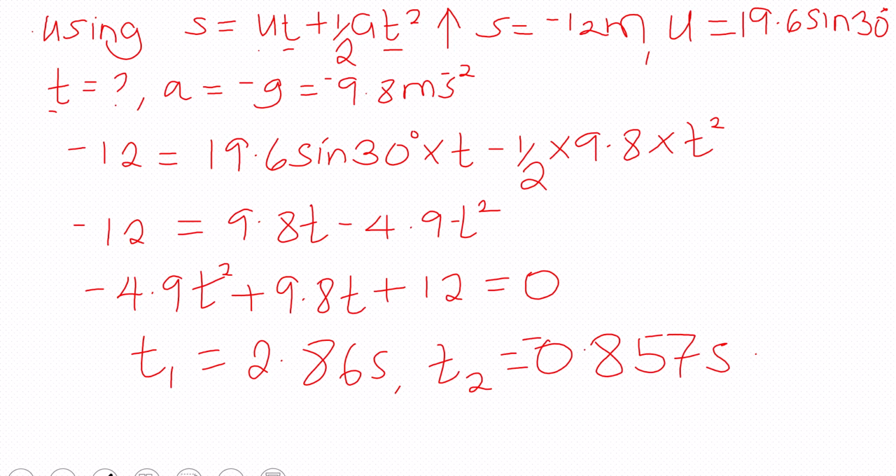With these two times, we're going to ignore the negative, and we can conclude that therefore the time taken t will be 2.86 seconds. And this is part A of the question. So in this part, we have calculated the time taken by the particle to move from the point where it was projected to the point where it landed.